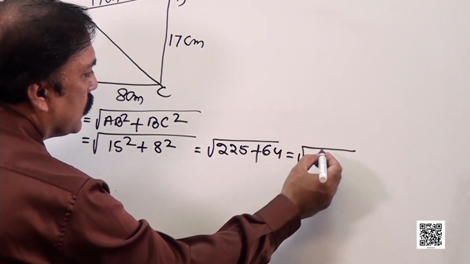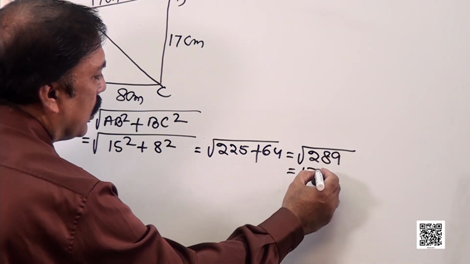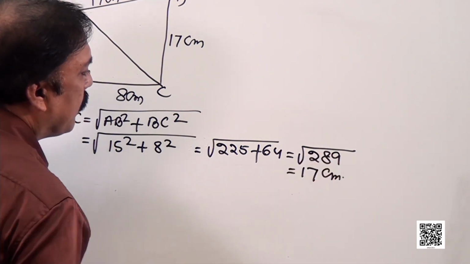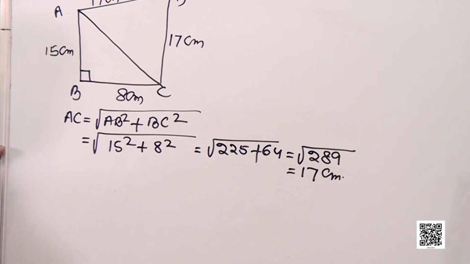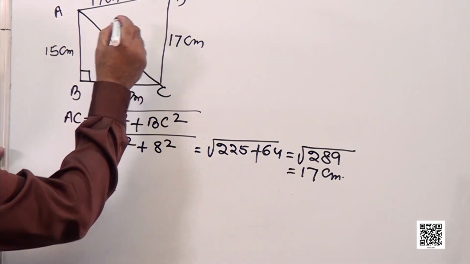This gives square root of 289, which is equal to 17 centimeter. So we can write AC as 17 centimeter.